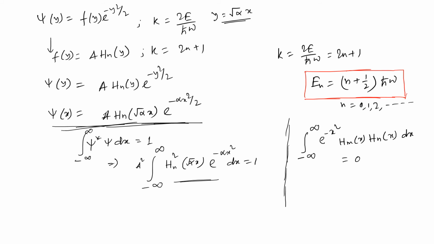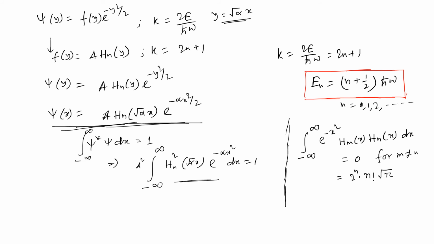This goes to 0 for m not equal to n, and this goes to 2 to the power n factorial times root pi for m equals n. This is the orthogonality of the Hermite polynomial.